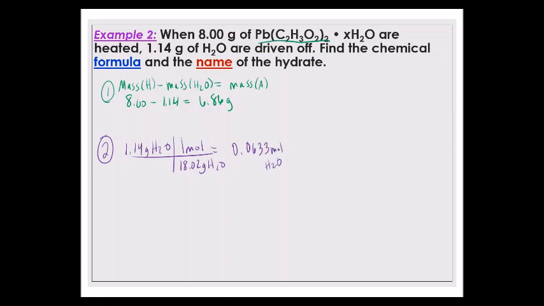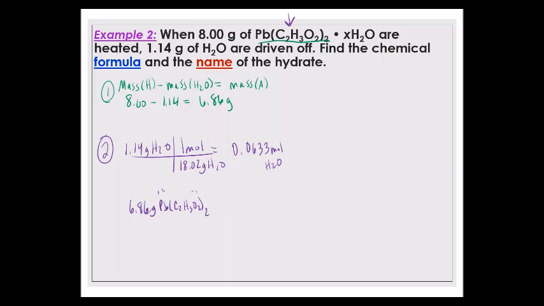The harder part, of course, is finding the molar mass of this because it is massive with lead in there. So this is 6.86 grams Pb(C2H3O2)2, which is acetate. Oh, and there's a 2 outside here, so that means the lead must be a +2, because this acetate's -1, so it's lead two acetate.